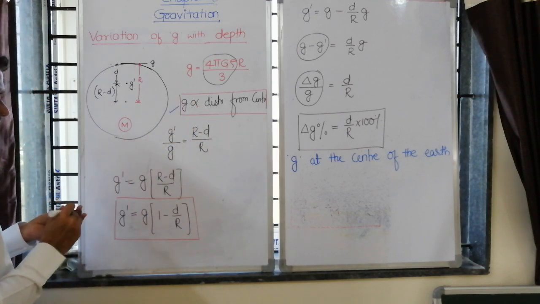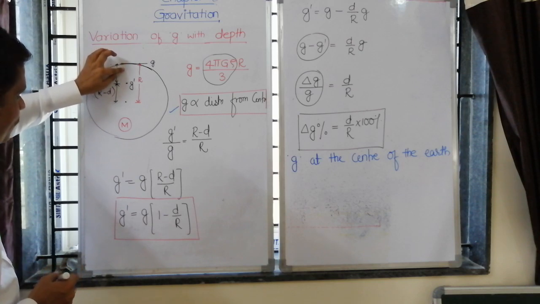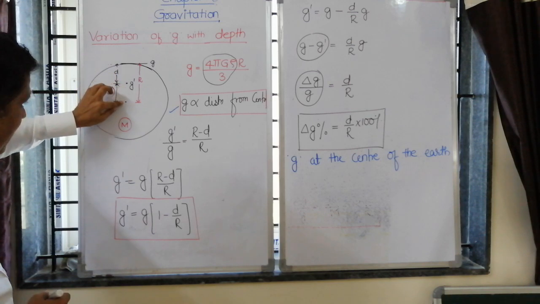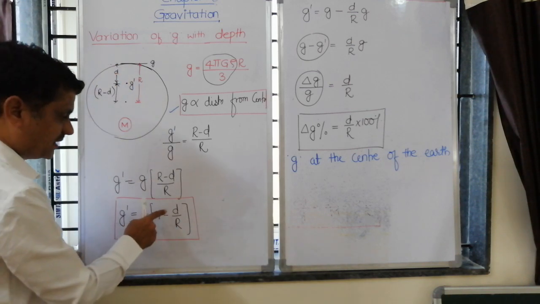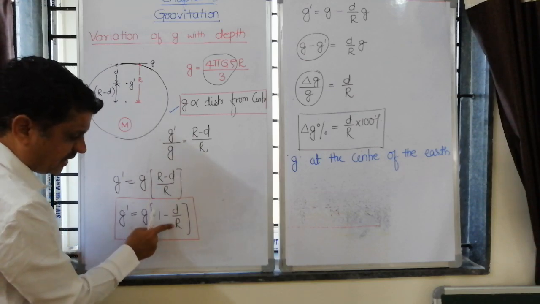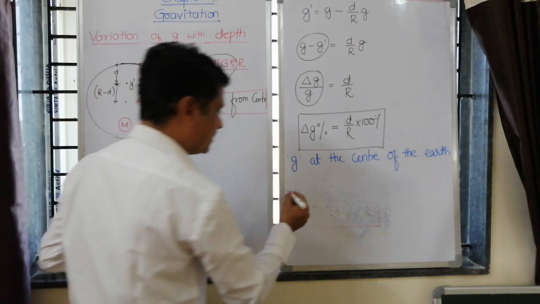Or in another way I can say, as I move toward the center, depth d is increasing. At the center, d is equal to r. So r by r is 1. 1 minus 1 is 0. 0 into anything is 0.